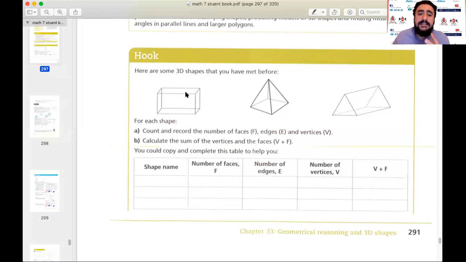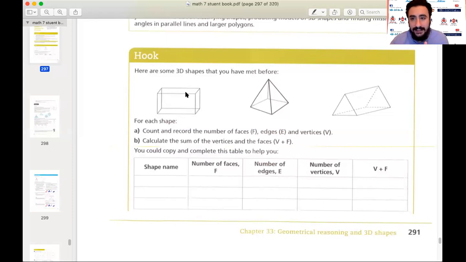Okay, so obviously it's a cuboid, but according to the definition of prism, prism is any shape that has a cross section all the way along its length.